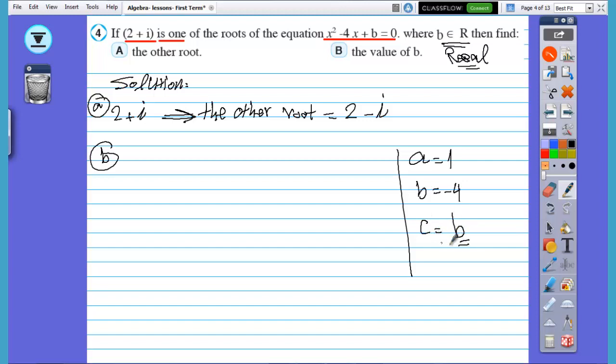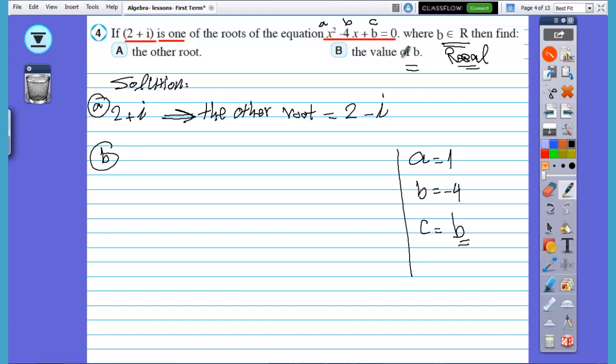C here equals positive b. Positive b is the absolute term. Here is c and b and a. Okay, how can we deduce the value of b? The value of c. b is equal to c.